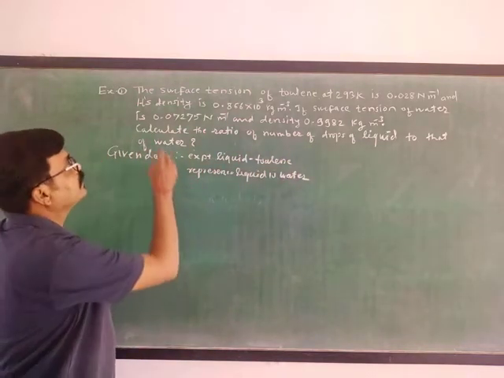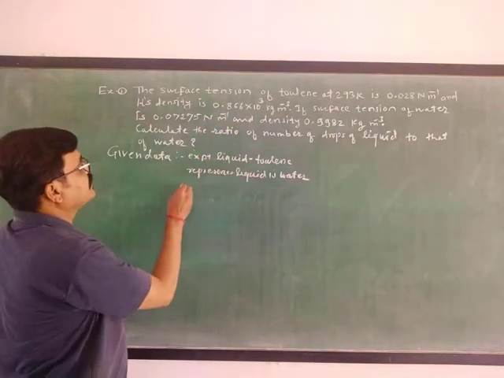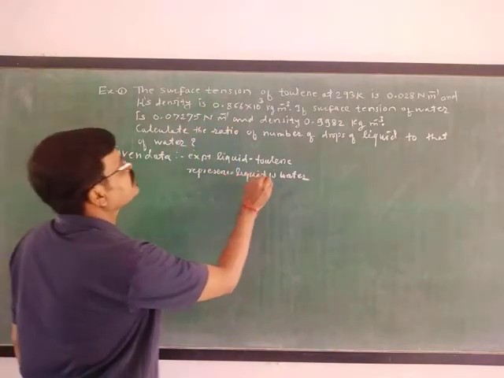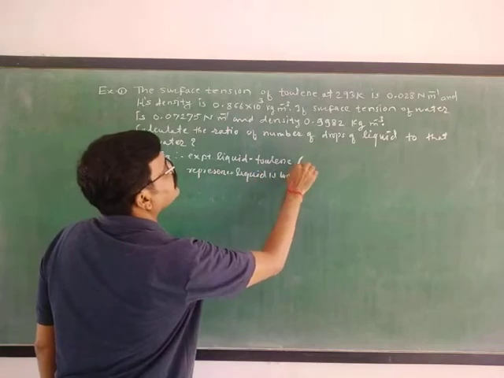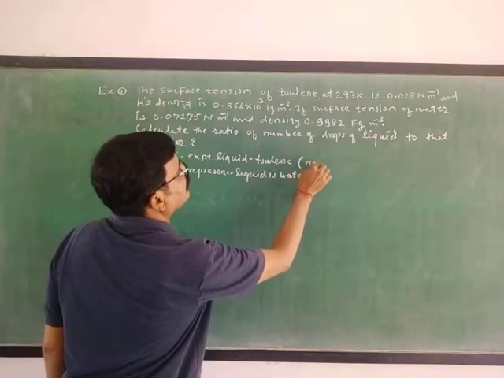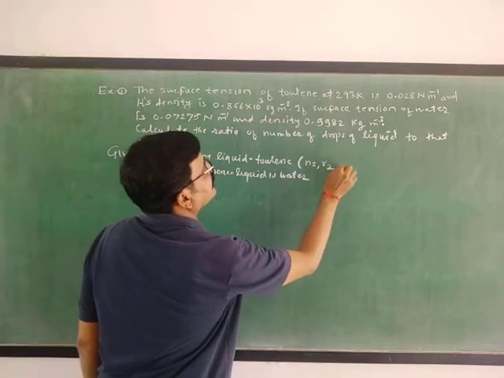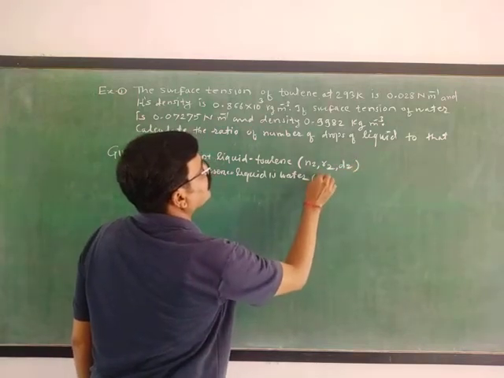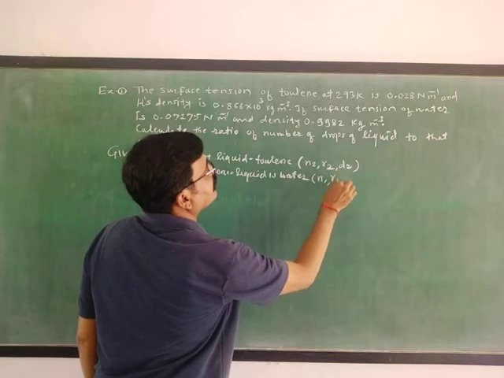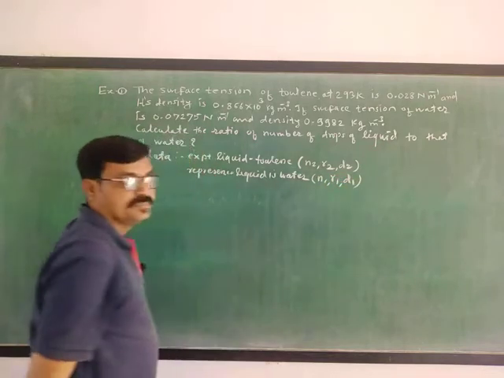Since toluene is the experimental liquid, the number of drops is N2, surface tension gamma 2 and density D2, and for water N1, gamma 1 and D1.